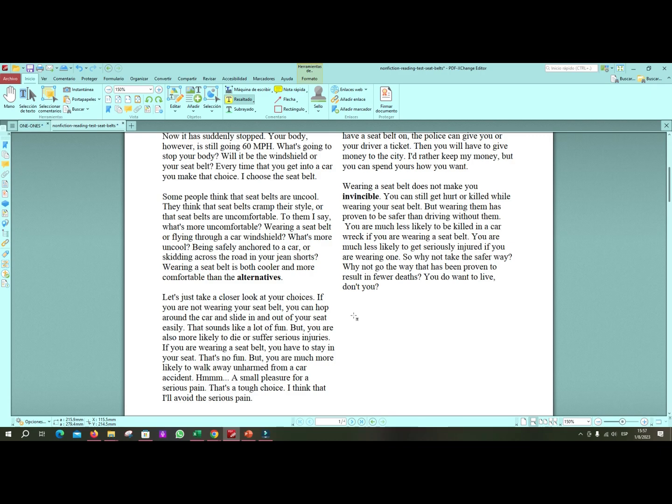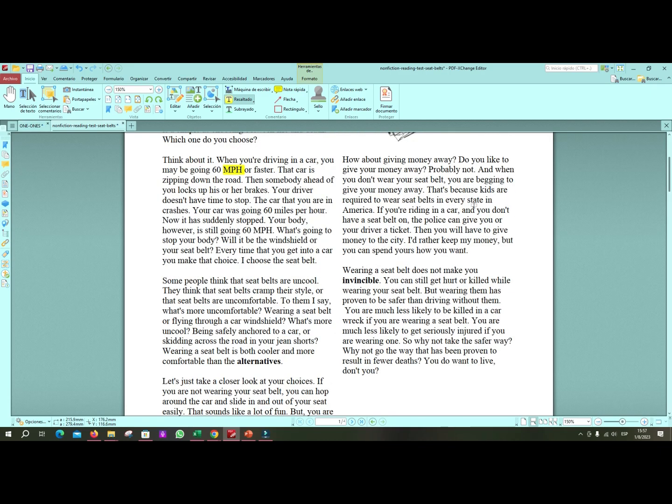If you are wearing a seatbelt, you have to stay in your seat. That's not fun, but you're much more likely to walk away unharmed from a car accident. A small pleasure for a serious pain. That's a tough choice. I think I'll avoid the serious pain.